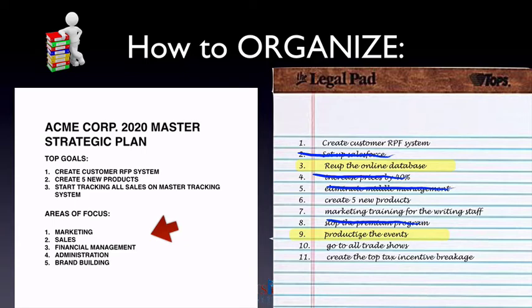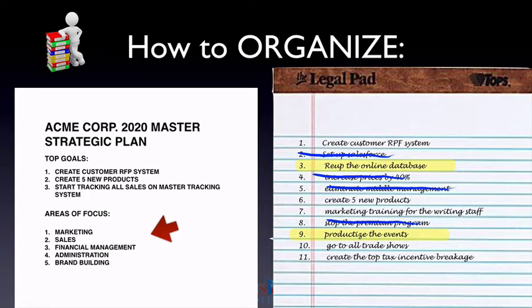Whereas areas of focus are not as much about the type of people that work in a particular department as they are about areas that many different departments or divisions may need to focus on, even simultaneously, in order for that organization at that point in time to succeed, grow, and prosper to the next level, to make progress. So don't get caught up in the idea that areas of focus are just divisions in an organization, because they're much more liquid than that. They're much more mercurial. They can change from year to year, whereas divisions and departments generally stay static over decades, if not forever.